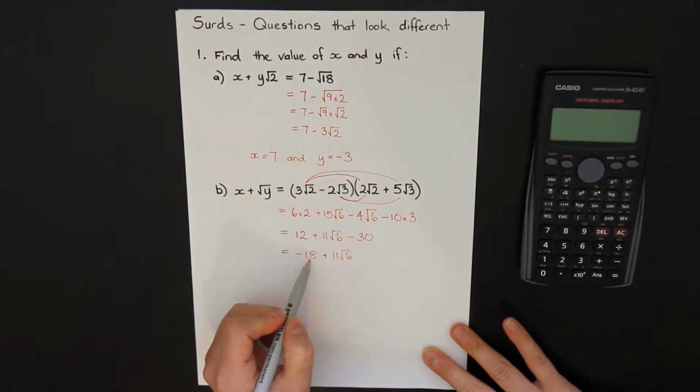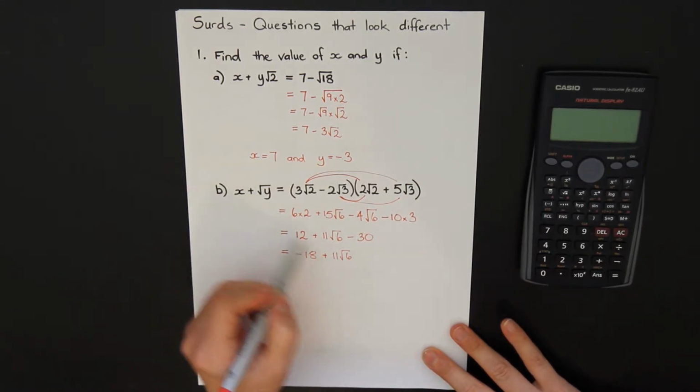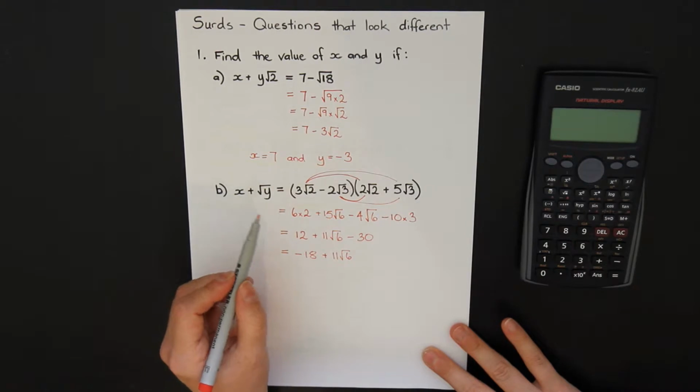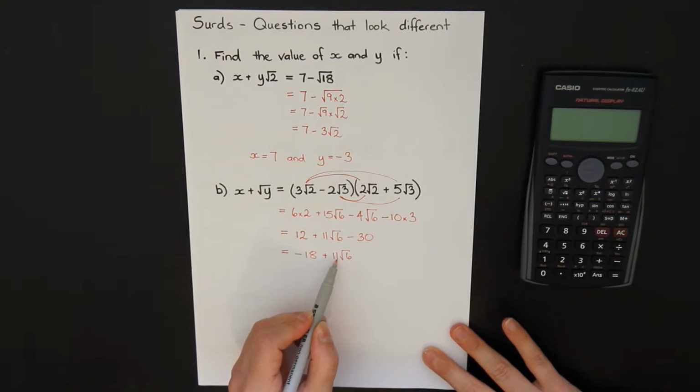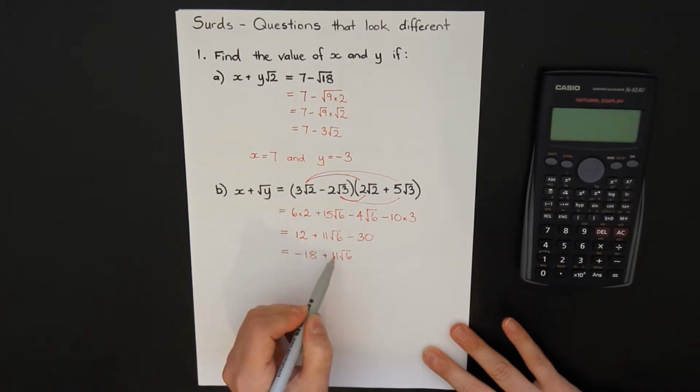Okay, we've simplified it down quite a lot, but they're not quite the same. The reason they're not quite the same is in this, there is nothing at the front of this square root sign, but I have an 11 at the front here. So I still have to change this so that I can put this 11 back underneath the square root sign.